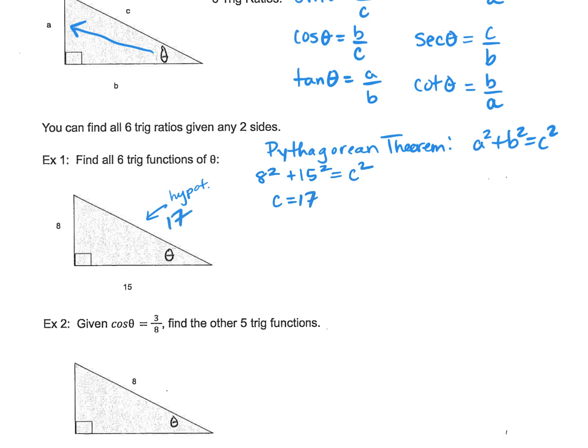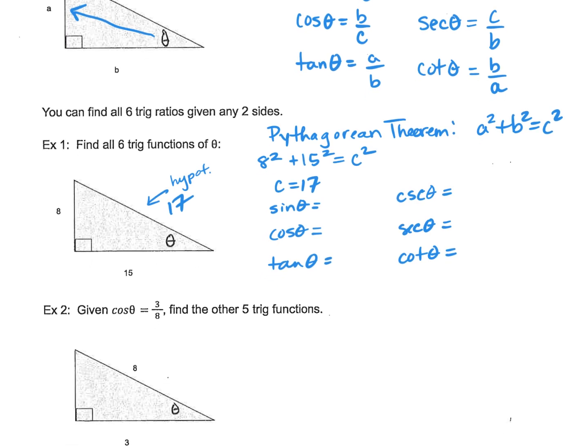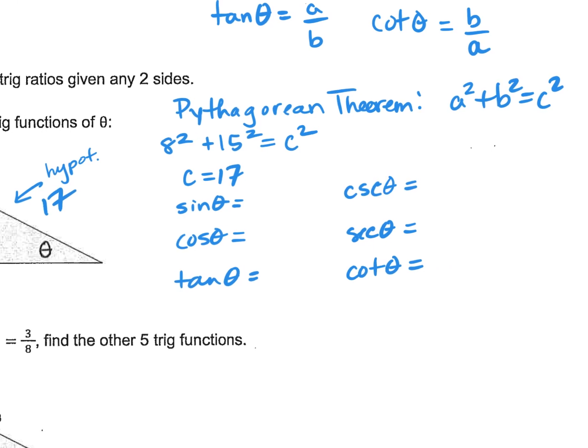And now I want you to write your six trig ratios. I want you to tell me what sine of theta is, what cosine of theta is, what tangent of theta is. And then I want you to do cosecant, secant, and cotangent. Now, I will tell you the big mistake that people typically make here is they mix up whether sine goes with cosecant and cosine goes with secant.